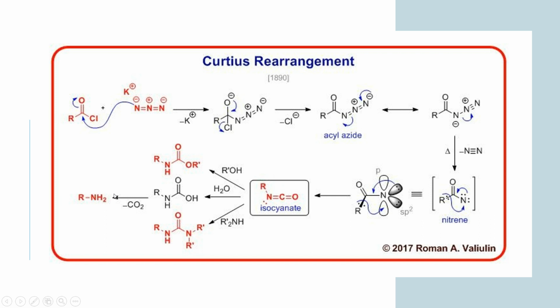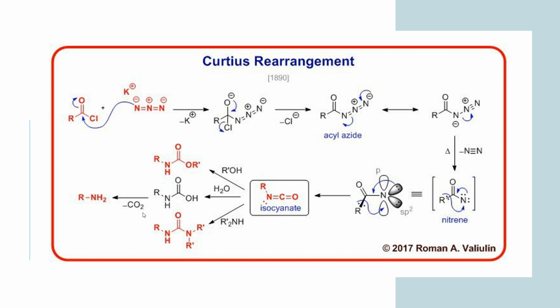But you must remember that it is only the Hoffman rearrangement case where we got one carbon less, but in this Curtius rearrangement, the decarboxylation step does not necessarily happen, and in most cases it stops in these possible product stages. Okay, for Curtius rearrangement reaction, this decarboxylation step is not very common.